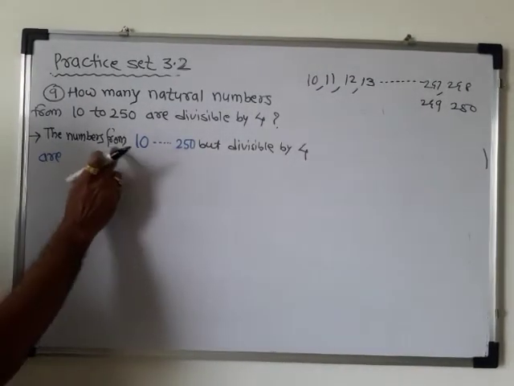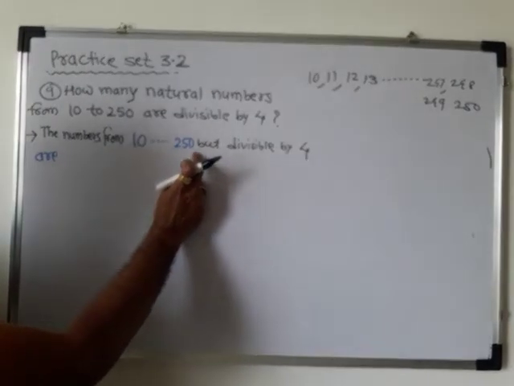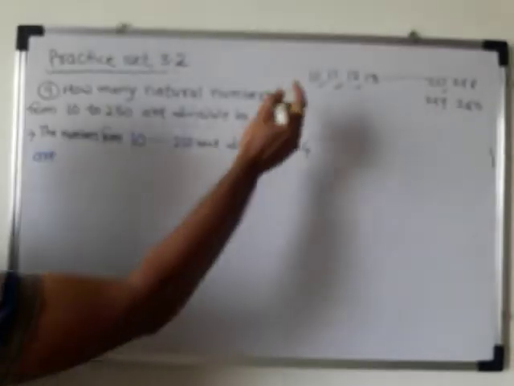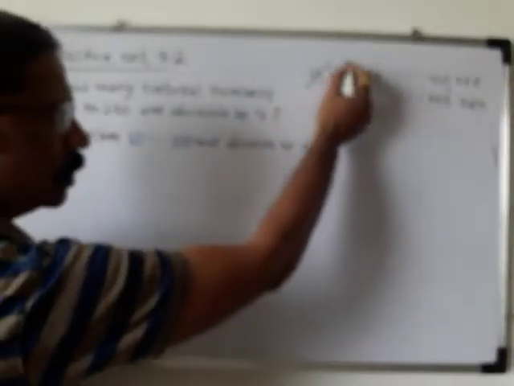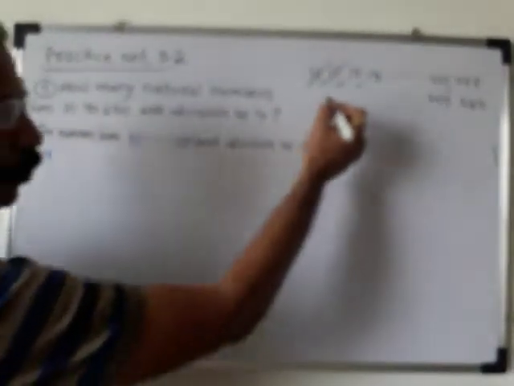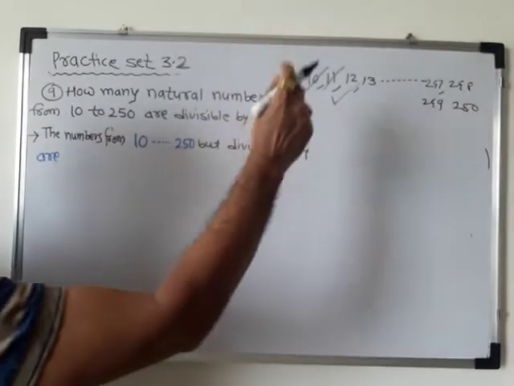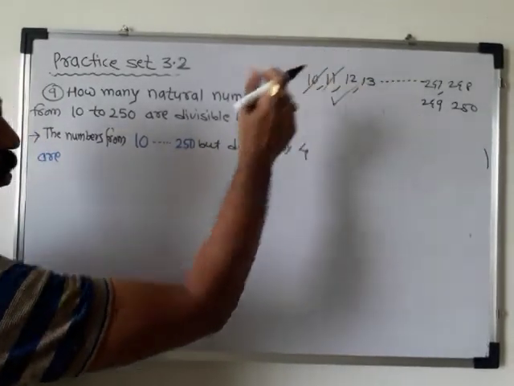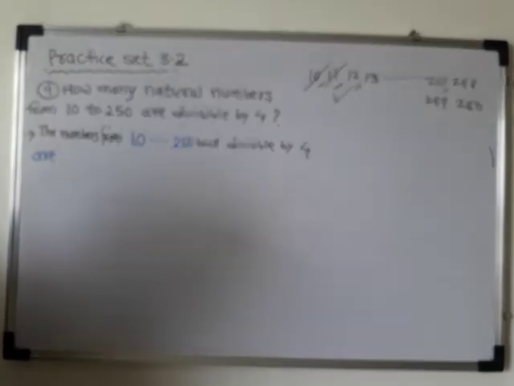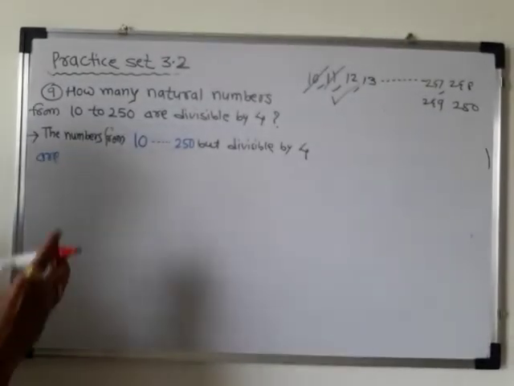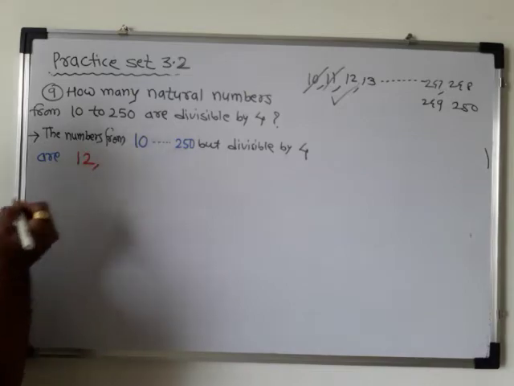See, the numbers from 10 to 250 but divisible by 4 are, you can't take 10 as it is not divisible by 4. 11 is also not divisible by 4. So the first number which is divisible by 4 is 12. 4 3s are 12. So you can write the first term which is divisible by 4 is 12.